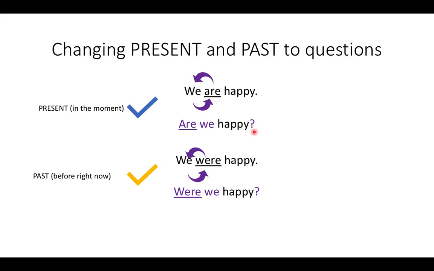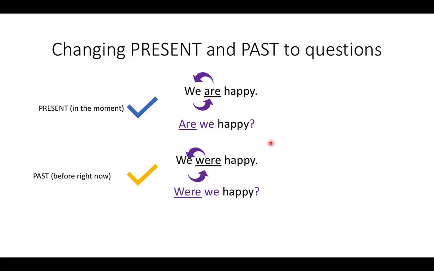When you're writing in English or when you're reading, you'll see this thing right here. It's called a question mark. And the thing right here is called a period. A period just lets you know when the end of a sentence is, or the end of something that somebody's saying is. A question mark lets you know that that's the end of what they're saying, but it's a question. So, are we happy?